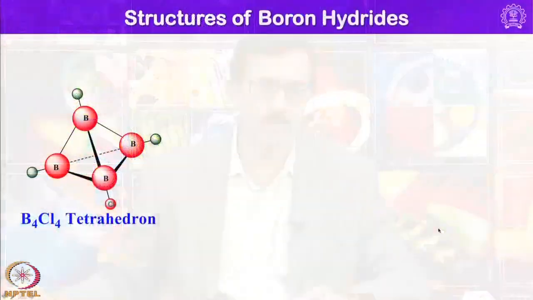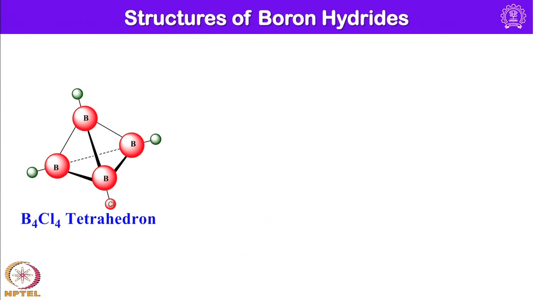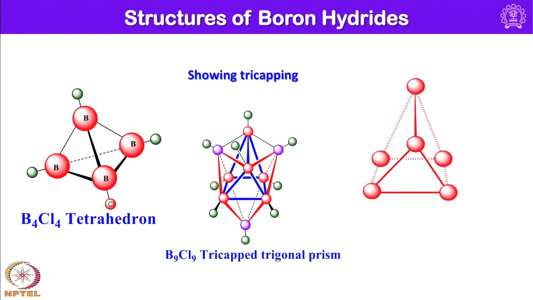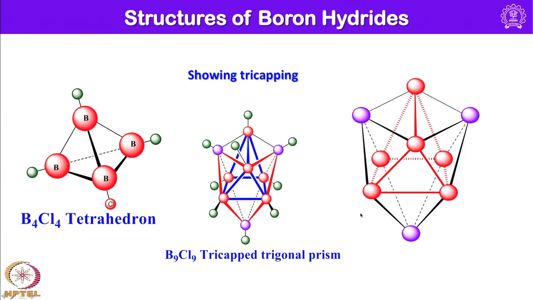B4Cl4 tetrahedron looks like this, and B9Cl9, a tricapped trigonal prism, will have a structure like this. Of course, you can see how it is made. This is a trigonal prism, and you have to place 3 boron atoms and then connect them with these 4 to complete the structure like this.